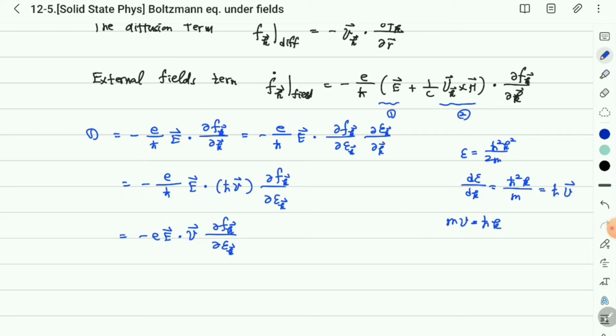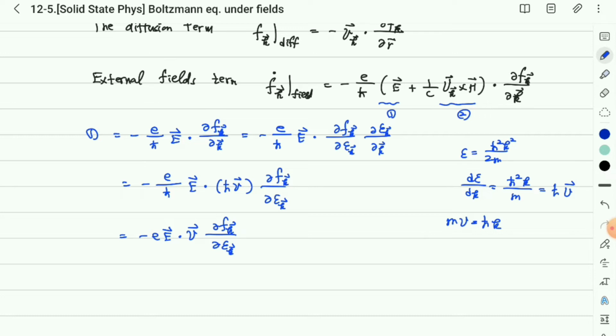Because this distribution function is the Fermi-Dirac distribution function, it depends on the energy, since the Fermi-Dirac distribution function contains the energy term.